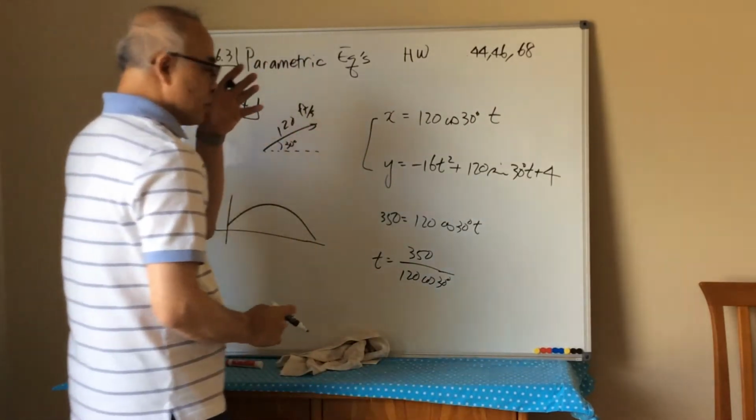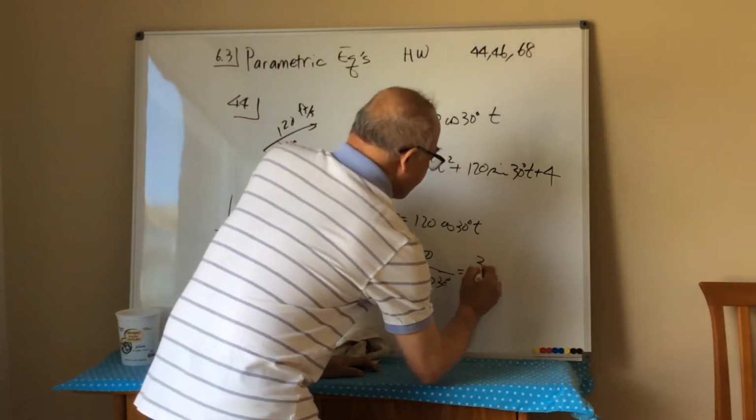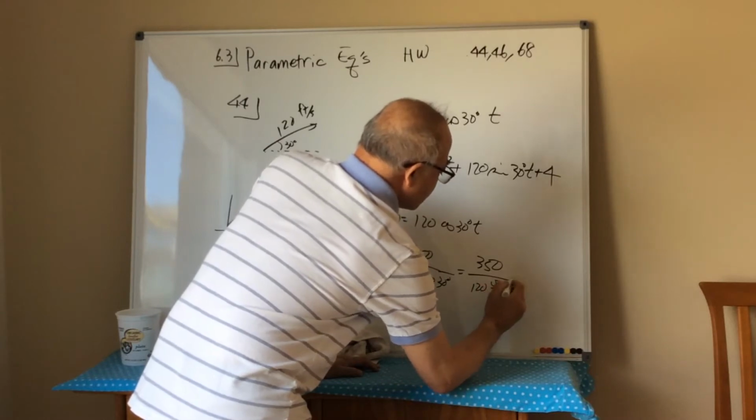Cosine 30 is root 3 over 2. So I'm going to get 350 over 120 times root 3 over 2.